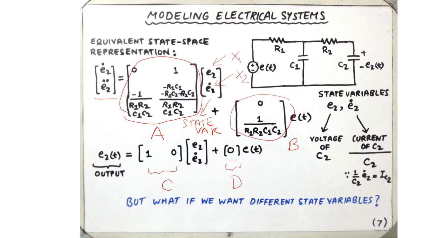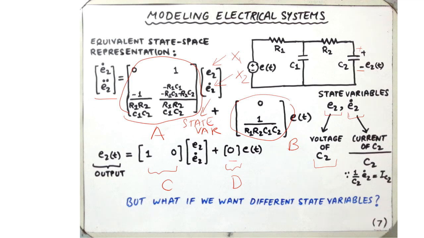So let us take some time to think about what each state variable represents. E2 represents the voltage across the capacitor C2. That's this voltage. What about E2 dot? Well, E2 dot is the rate of change of the capacitor voltage.